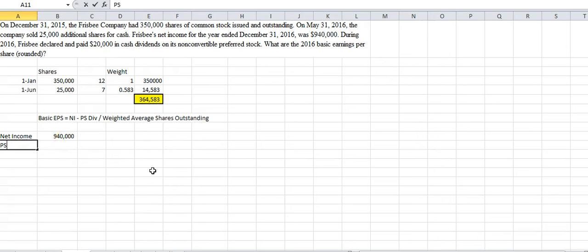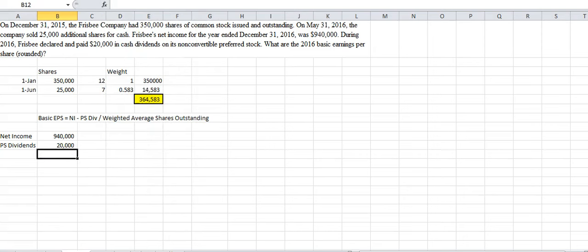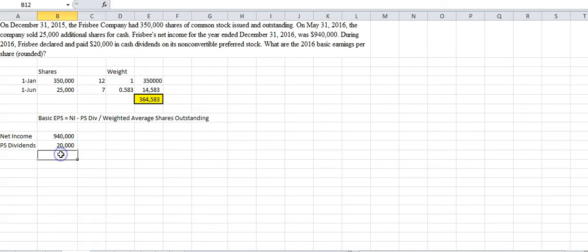So the preferred shareholders dividends is 20,000. And so your numerator is going to be equal to this minus this. So that's what you're going to use as your numerator in this formula, 920.